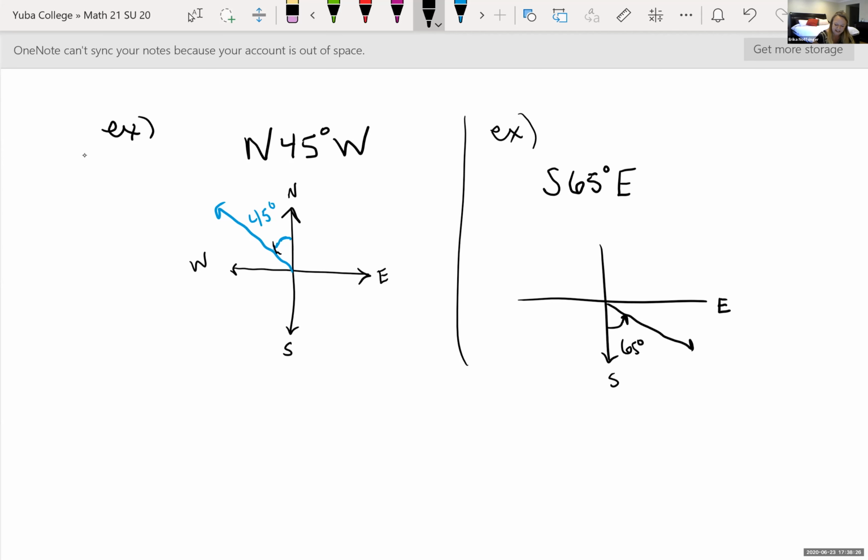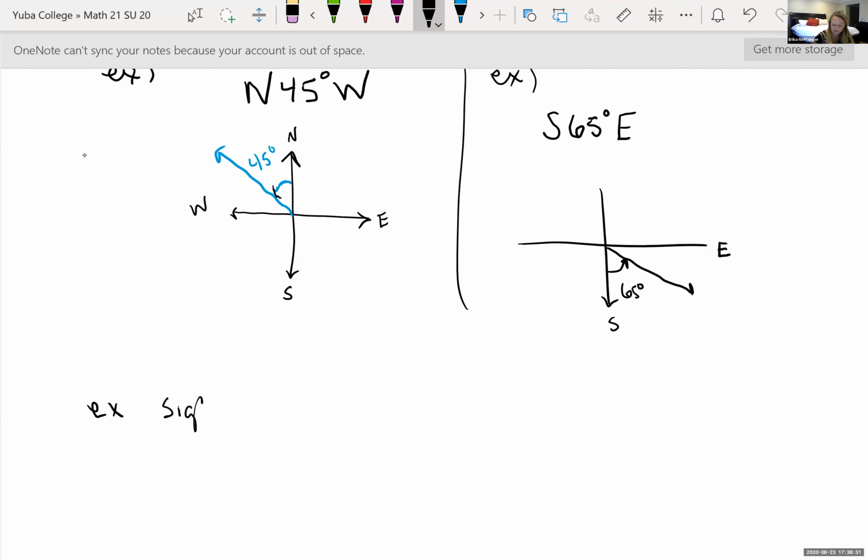Where if it said there was a sighting at an angle of elevation of, let's say, 85 degrees.